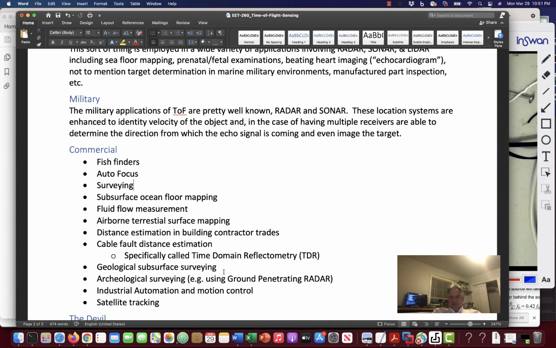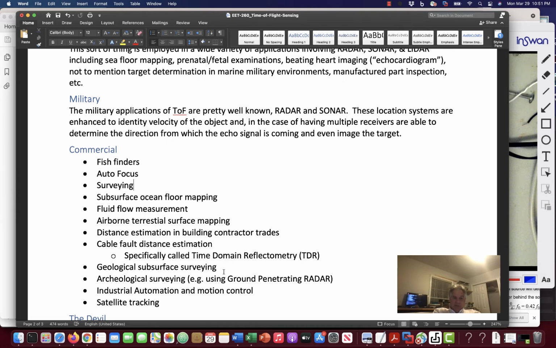They come up to these sensors and they can get a time of flight and therefore a depth to where the rock changes.